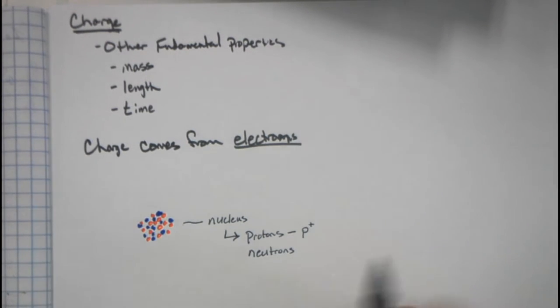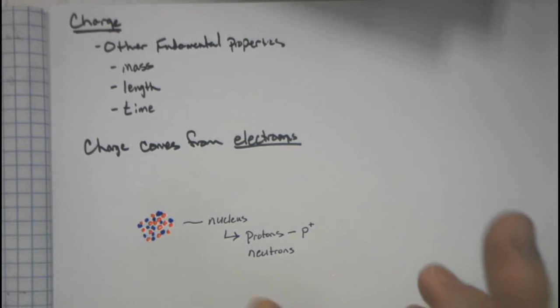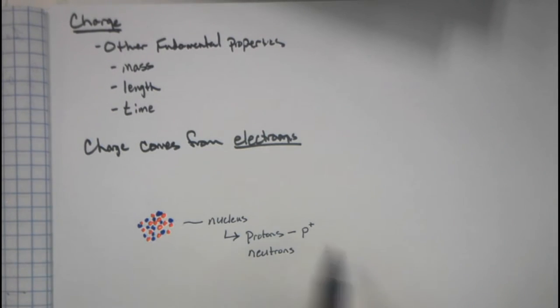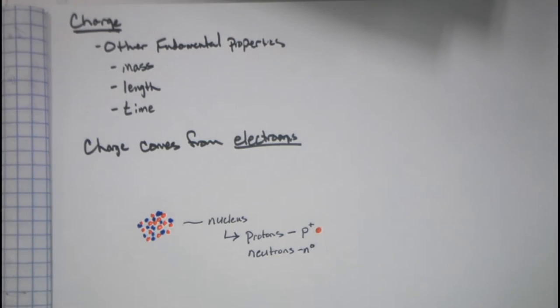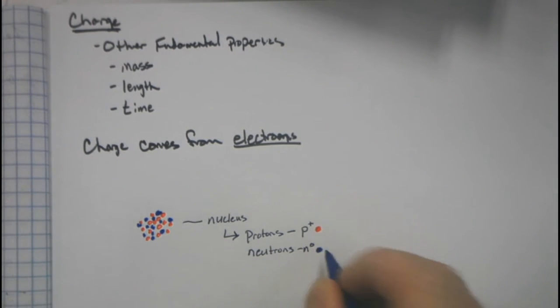It is the basic unit, the simplest amount of charge that we have for the matter that we deal with right now. It has a +1 charge. Neutrons have a 0 charge. I tend to color code things, so my protons are going to be red. My neutrons will be blue.